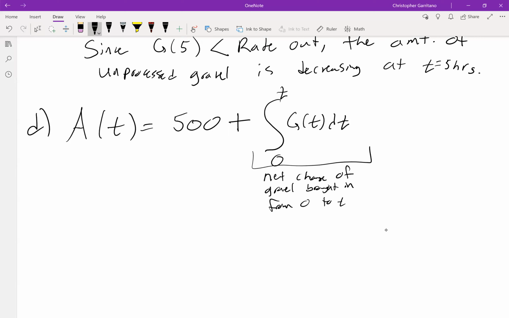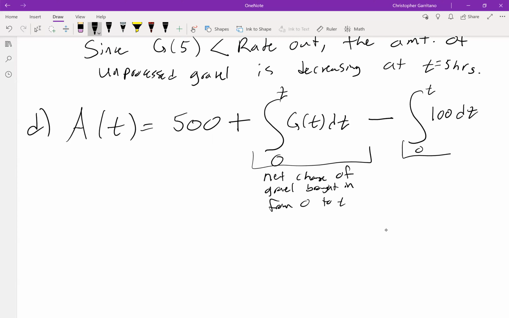And what we're going to do is take into account the amount of gravel. We're going to take the rate of gravel being processed, and we're going to integrate that rate. So that rate is constant 100. So we would integrate from 0 to t 100 dt.